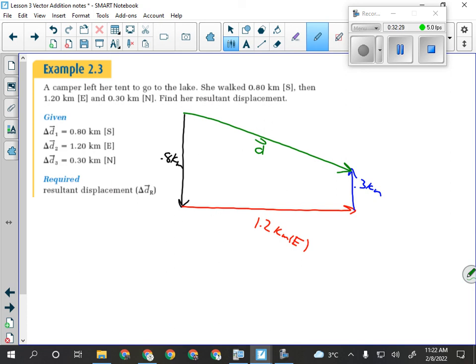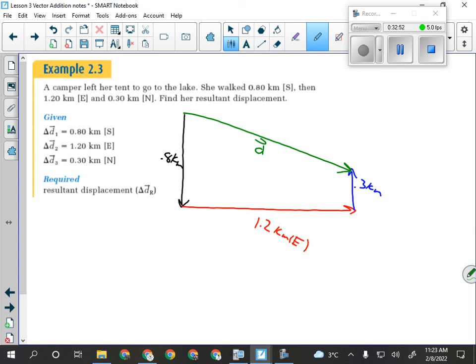Now that doesn't make a triangle. Actually it does, we just haven't drawn it yet. If I want to calculate how long that line is, I need to put it into a triangle. Would you agree? Can I do that by figuring out how far north, south, east, west she goes?